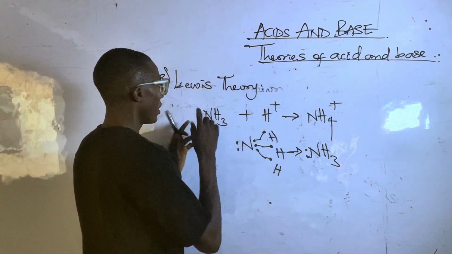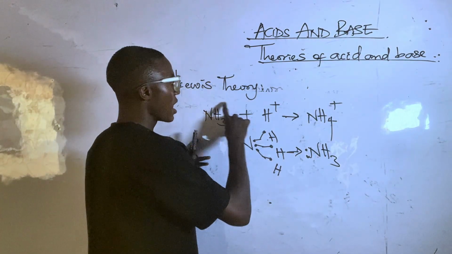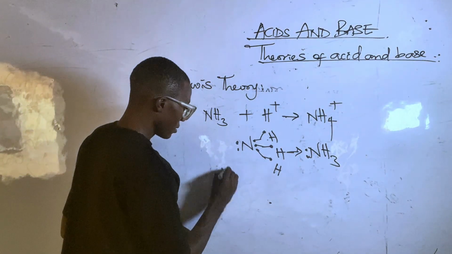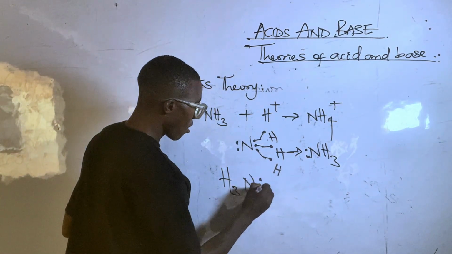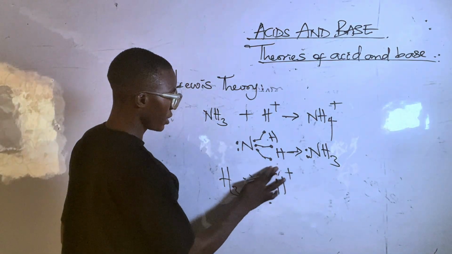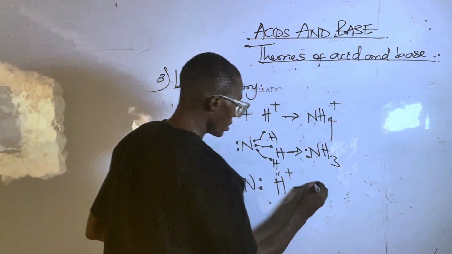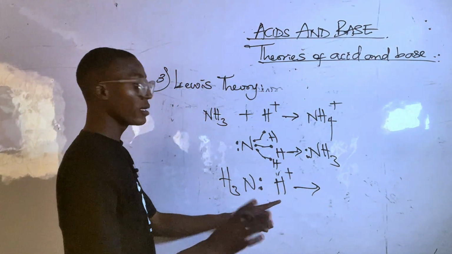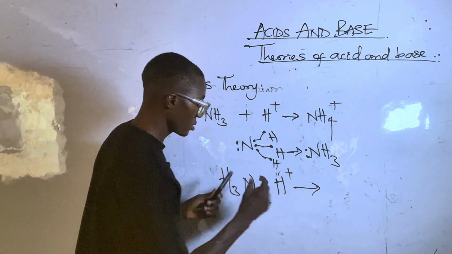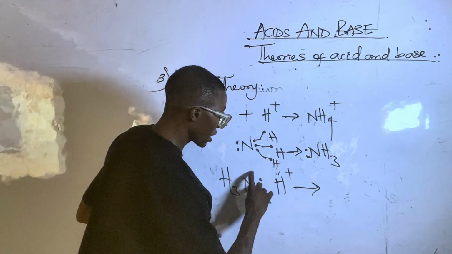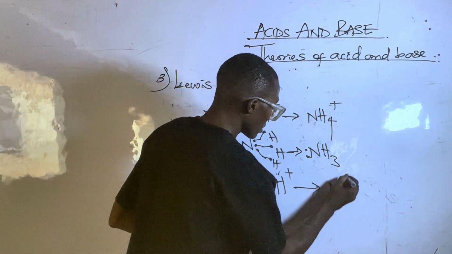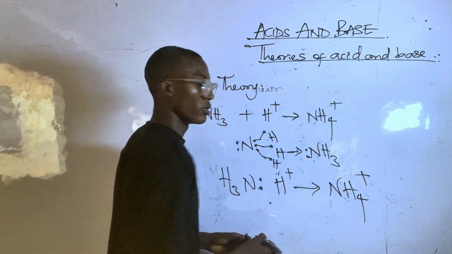Now, in the chemistry of ammonia combining with hydrogen ion, the lone pair of electrons bond with the hydrogen ion. The hydrogen does not donate any electron for bonding. All the electrons for bonding here are donated from the nitrogen, 2 electrons here, giving it ammonium ion.